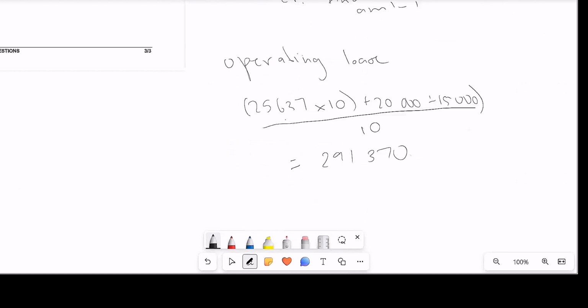So here, if it's 15, it's going to be this divided by 10. Nope, I'm wrong. So it's basically going to be 25,637 times 10 plus 20 plus 15. Oops, my bad, guys.